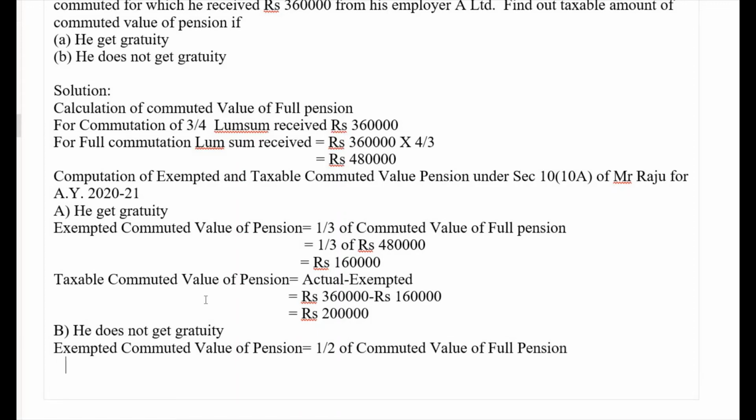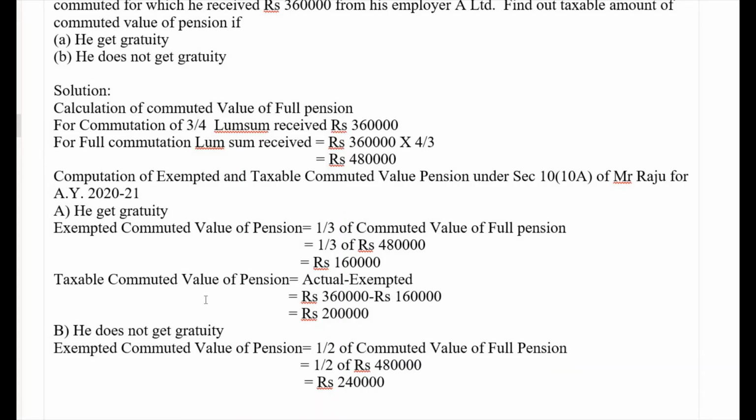So now let us substitute the values here. So equals 1 by 2 of rupees 4,80,000. So that comes to rupees 2,40,000 here. This is exempted here.